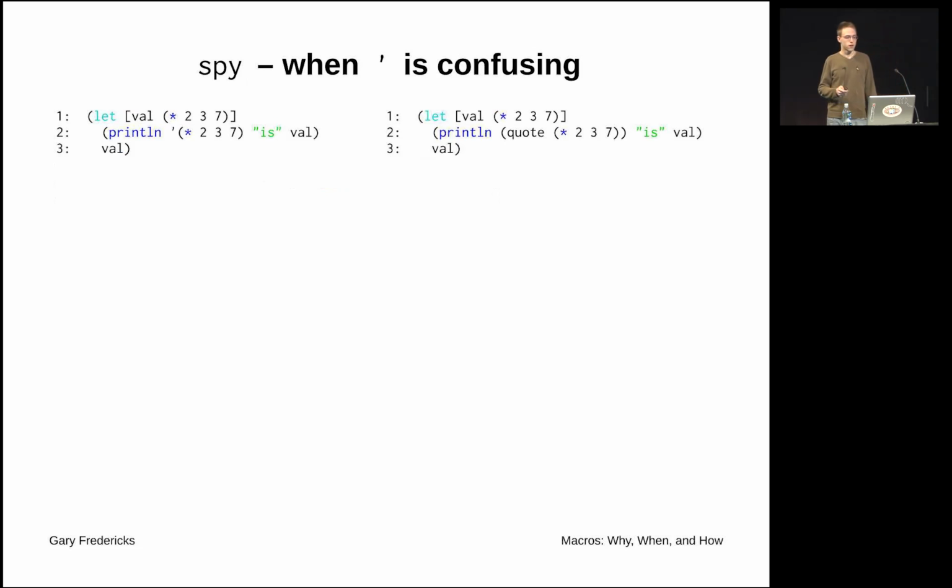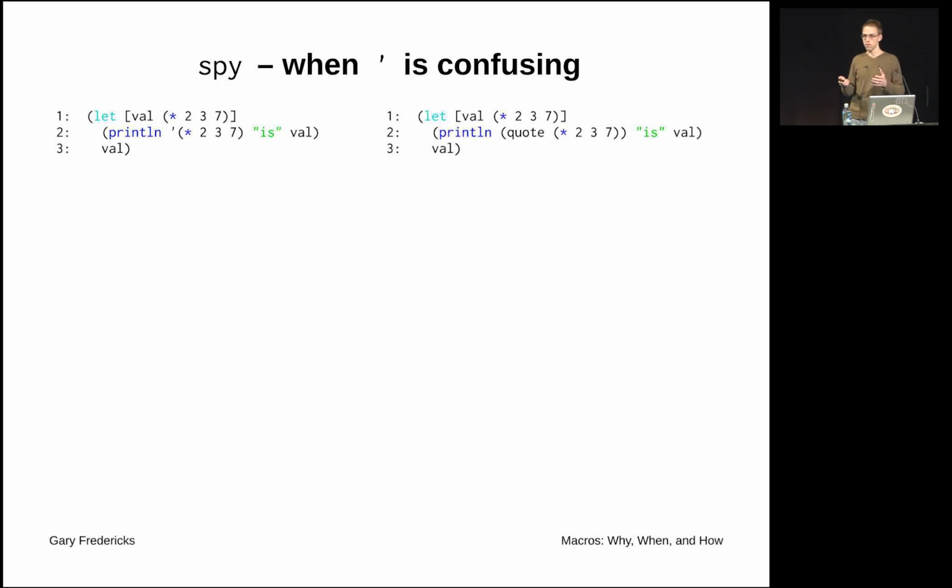Why is this confusing? The key issue is this equivalence between the single quote and the longhand quote form. So if we look at the expanded code we want on the left with the single quote, and then the same version on the right with the long form quote, that might give us some more ideas about what else to try, because this longhand form is just a list with the symbol quote and then the thing we want quoted.